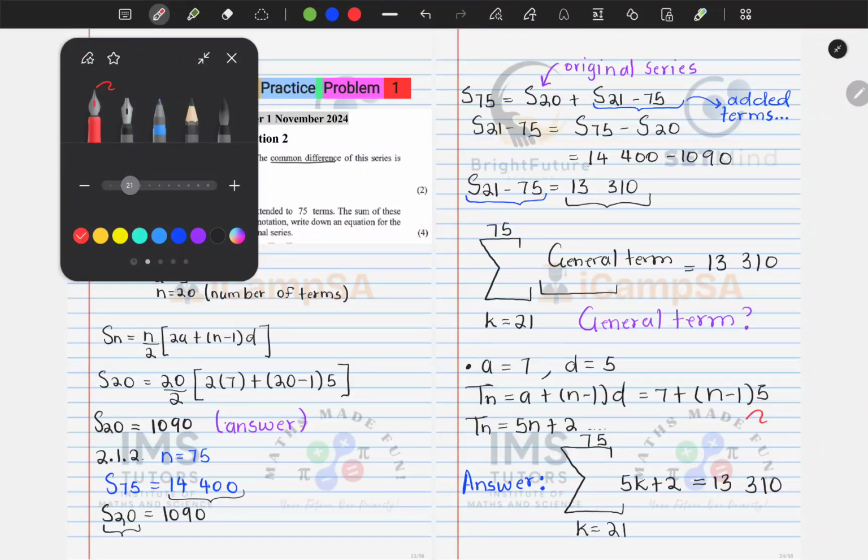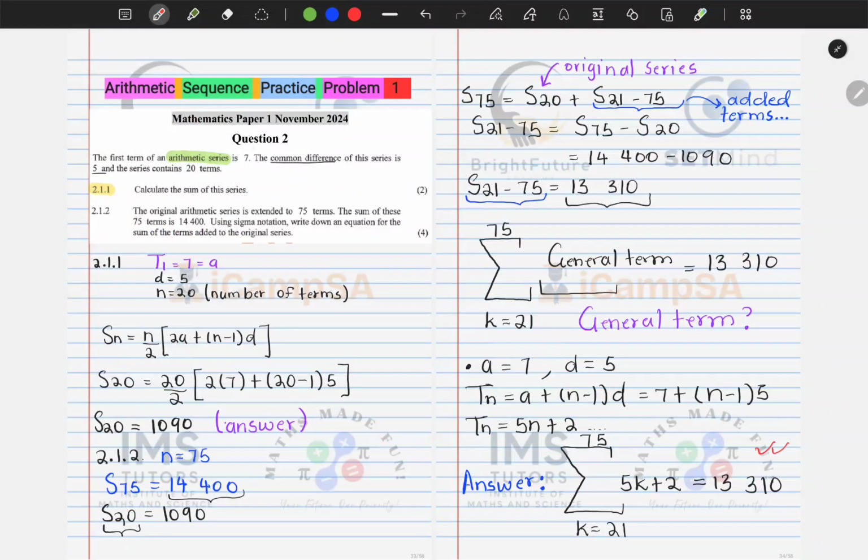So this is what we are required to do. Make sure you understand the principles of this question, and you should be able to answer it easily. Cheers. Next, we'll have a look at the next question.